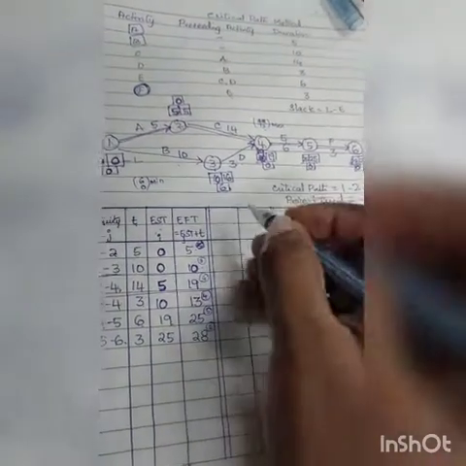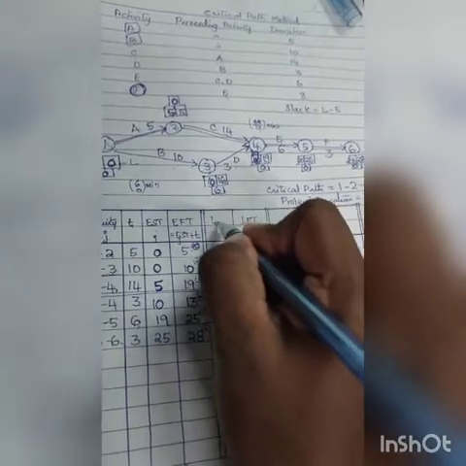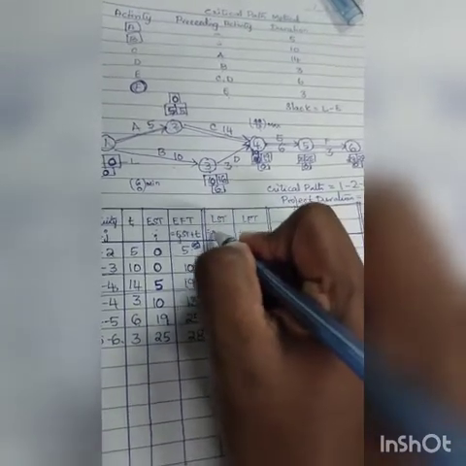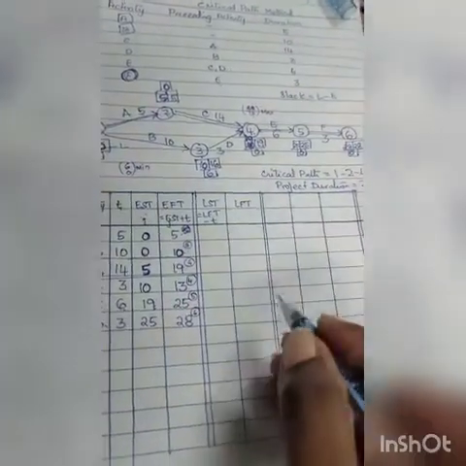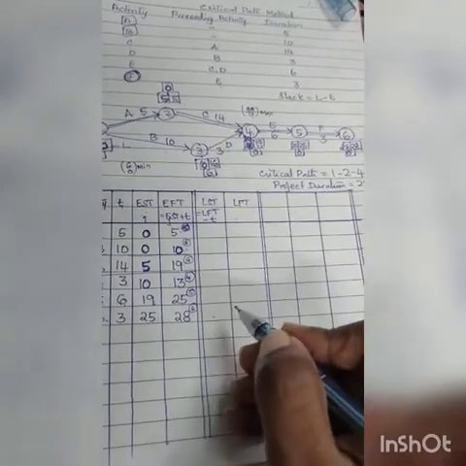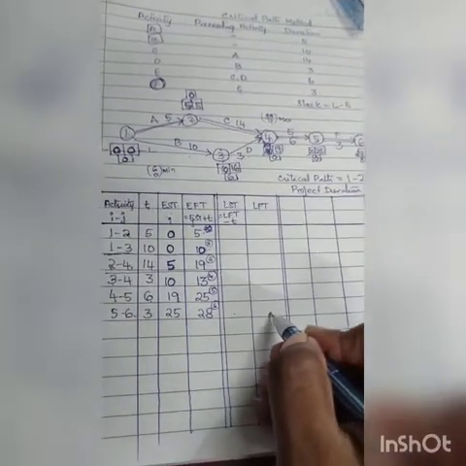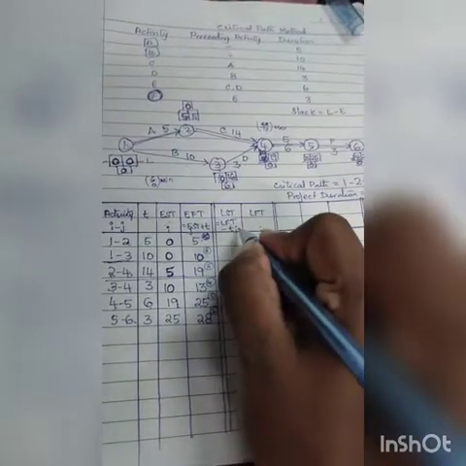Now I am going to do the next one, LFT and LST. Here it is reversed, so LST is LFT minus T. So I am going to find this one and then calculate this one. We will start with the last node. This is for J and this is for I as usual.